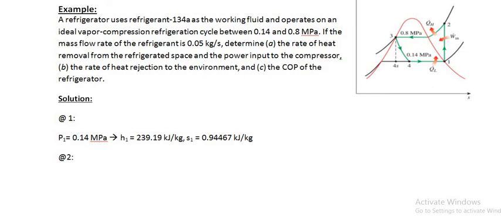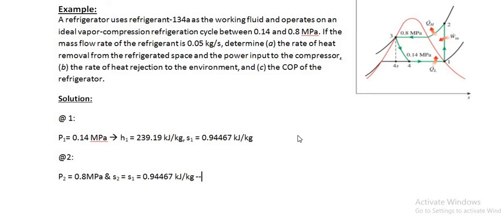So we may write here that we have P2 equal to 0.8 MPa and S2, which is equal to S1, which is equal to 0.94467 kilojoules per kg.